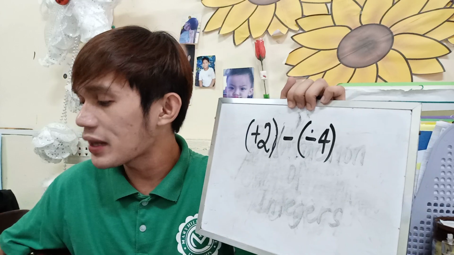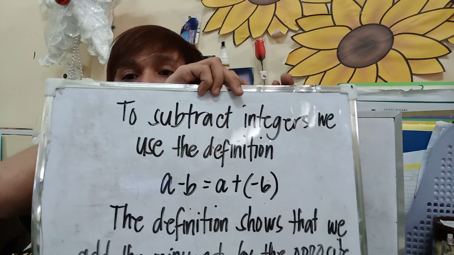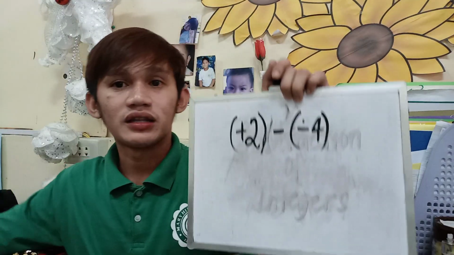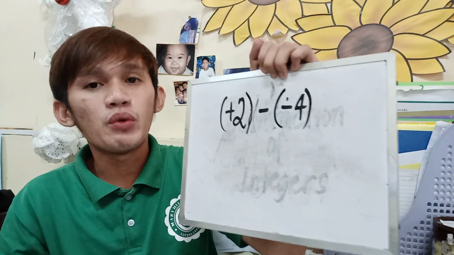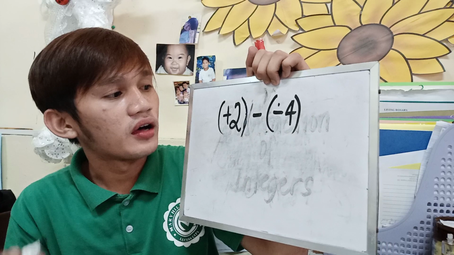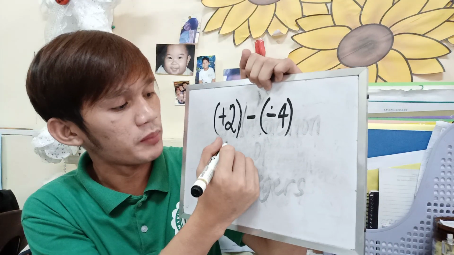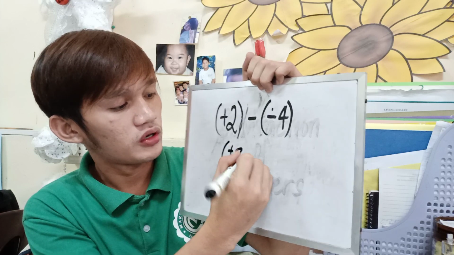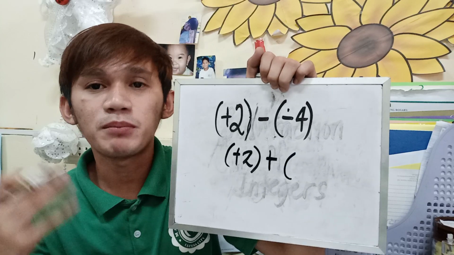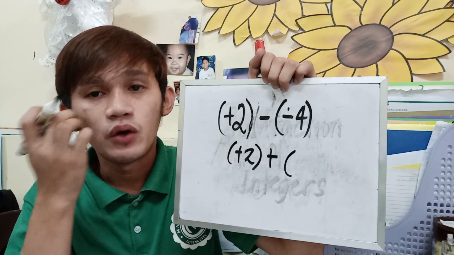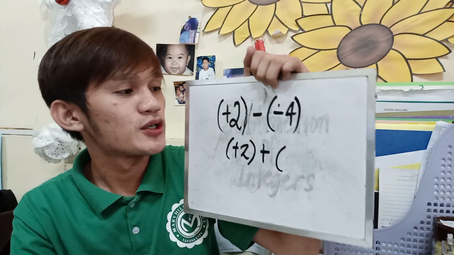If we are going to apply the definition, this is a minus b. According to the definition, we are going to add the minuend. Our minuend here is positive 2. We're going to add to the subtrahend, but before adding that, we first get the opposite of our subtrahend.